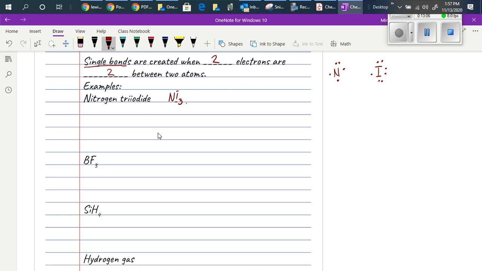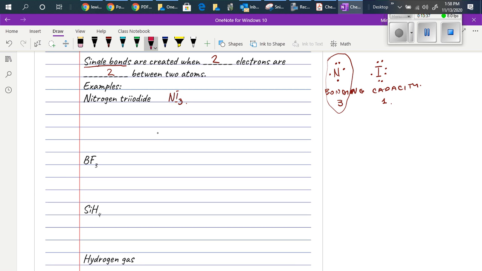So the bonding capacity for each of those atoms is 3 for nitrogen and 1 for iodine. So naturally, since the condition to be a central atom is to have the highest bonding capacity, nitrogen will be the central atom.